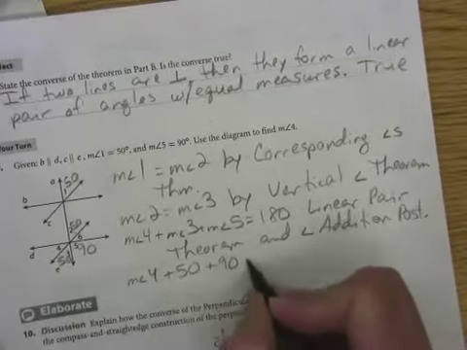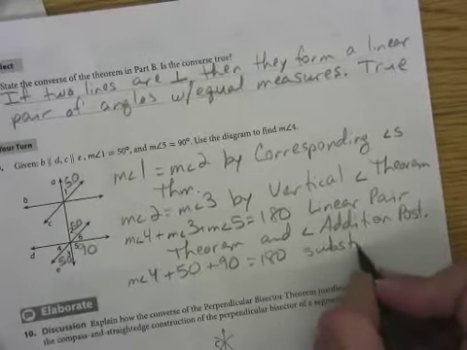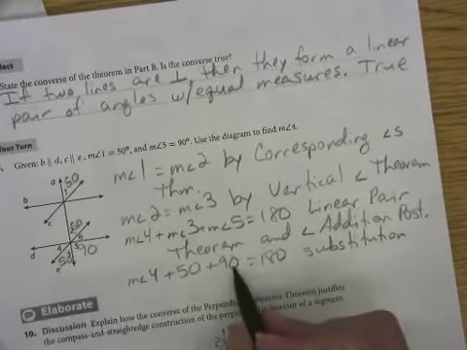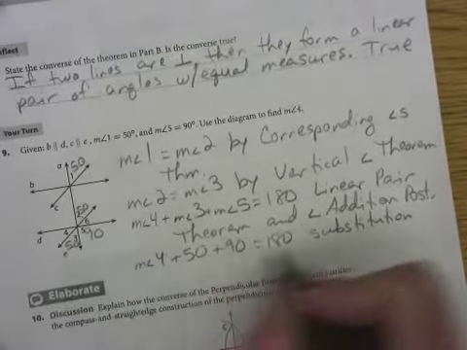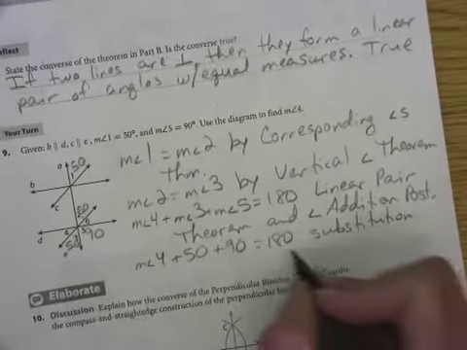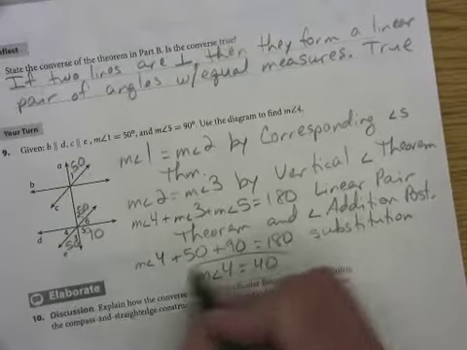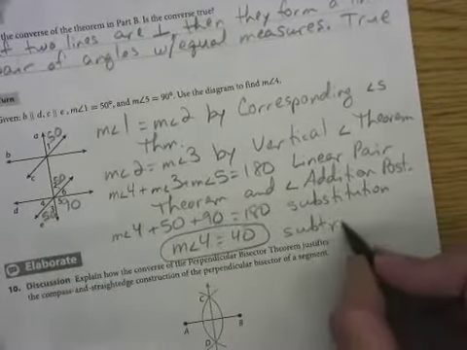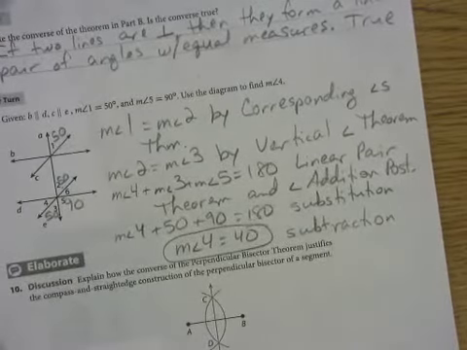Okay, so that means that the measure of angle 4 plus 50 plus 90 has to equal 180 degrees because of substitution. And when I combine my like terms, I've got 140 that I'm then going to subtract from 180, and the measure of angle 4 is therefore 40 degrees by subtraction.